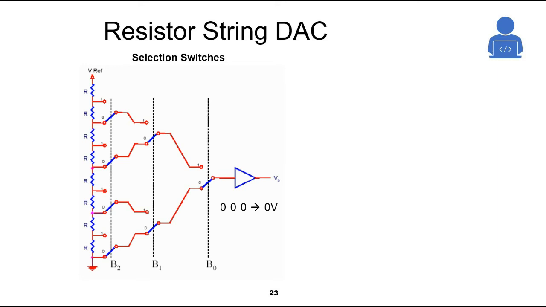Now, for the selection switch. For example here, this is the most significant bit, sorry, this is the most significant bit, and this is the least significant bit.